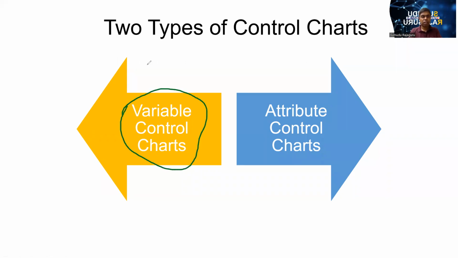Attribute is subjective, qualitative, something very difficult to measure, maybe the appearance of the product. But we can draw the control chart for the variable as well as the attribute, right?